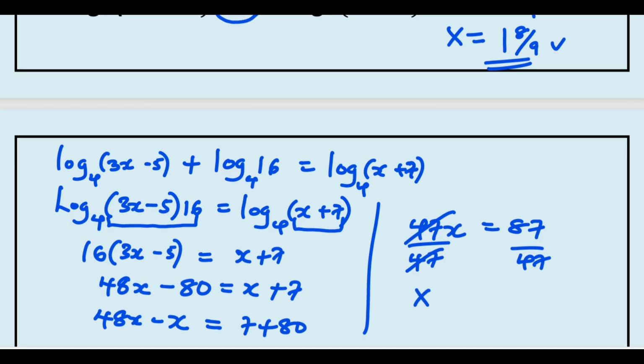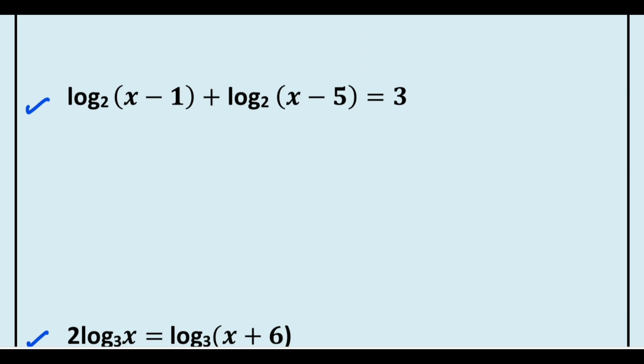So x is going to be equal to 87 divided by 47, which gives you 1.8511064.